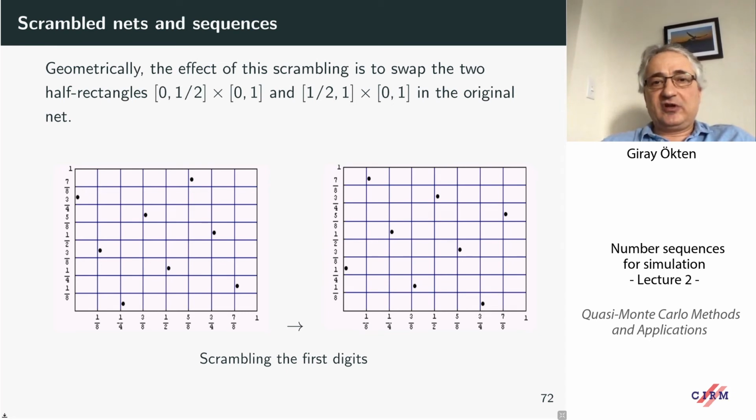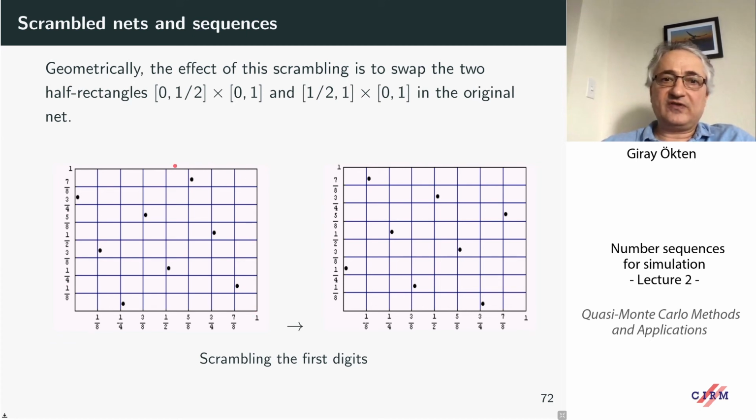And geometrically, the effect of this scrambling is to swap the 2 half rectangles. So look at the first half rectangle in this picture, and then this is the second half of the rectangle.